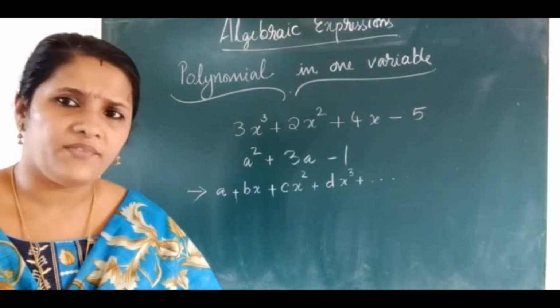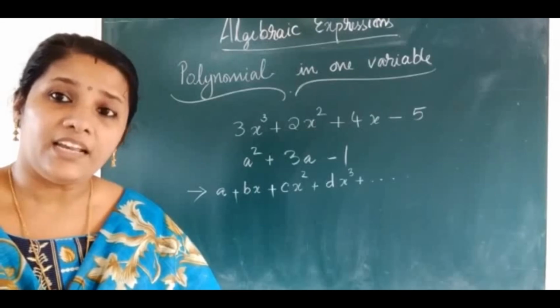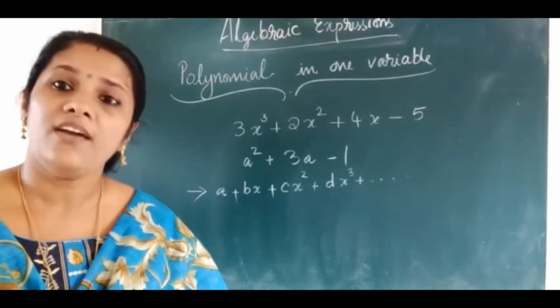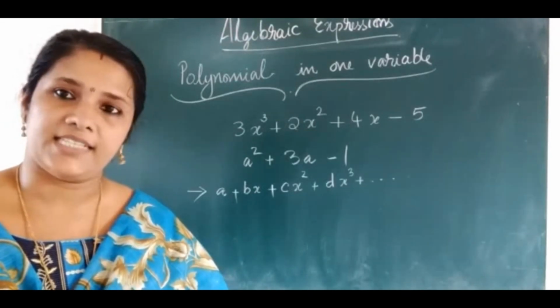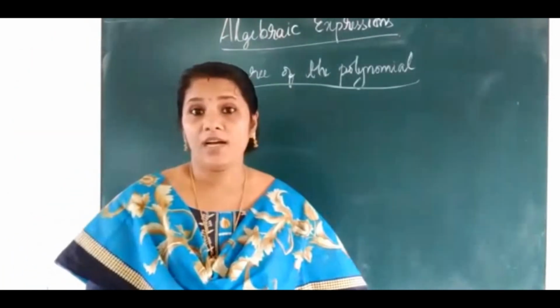There is only one variable. We consider the polynomial in one variable. So here it is only one variable. It is x.